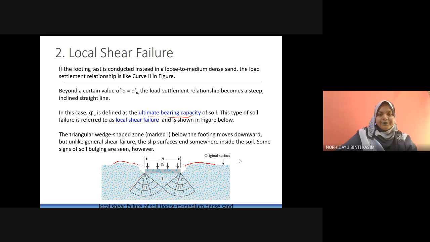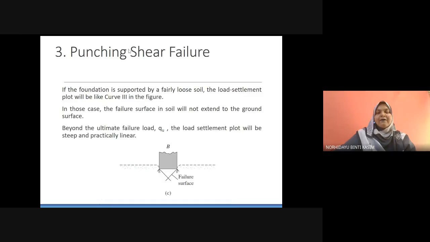And then we have punching shear failure. Punching shear failure means it is really localized under the structure.